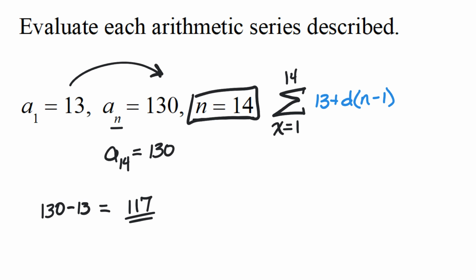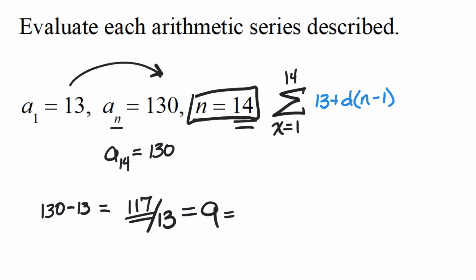Now here's where you have to think. How many steps have we taken to get to this amount? We are at step 14, but remember we started at 1. So if we went from 1 to 14, we've actually only taken 13 steps. So if we've traveled a total distance of 117, and we've done it in 13 steps, each step is 9.